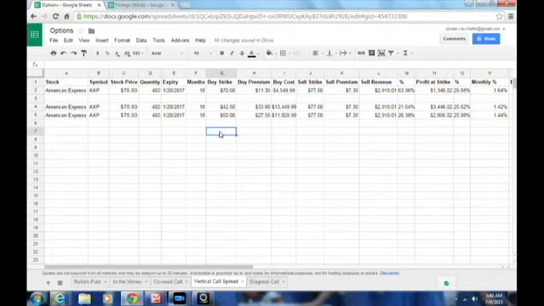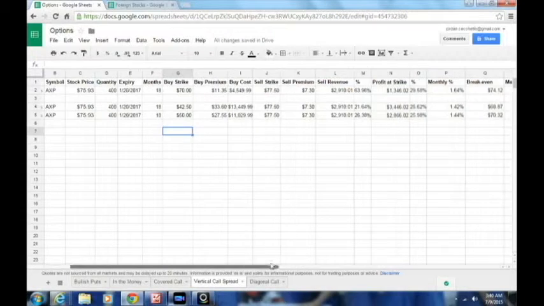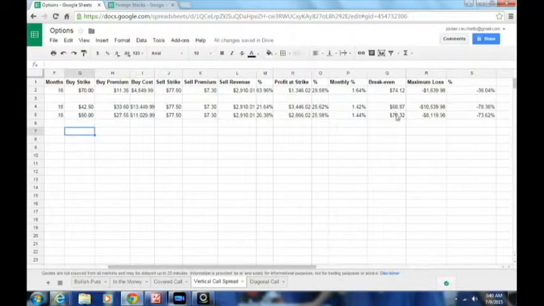Now, I actually do buy deep in the money calls often. However, I do not do a vertical call spread. Instead, I do what's called a diagonal call spread. Now, I do this because, again, it gives me a much lower break even, and I want to make sure I'm profiting.